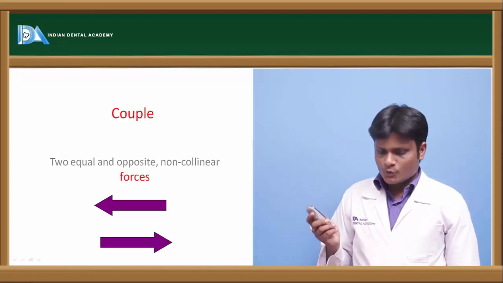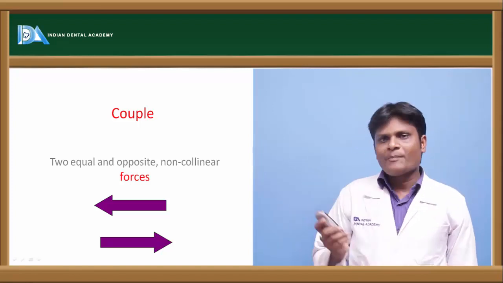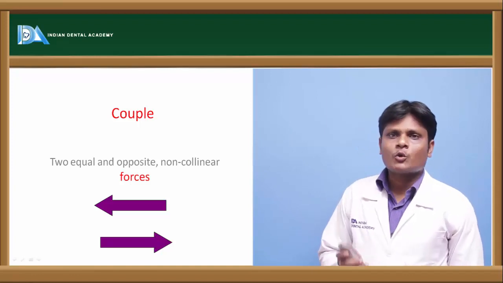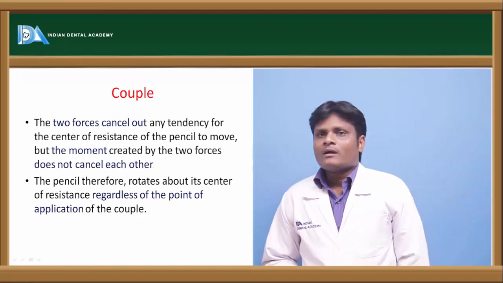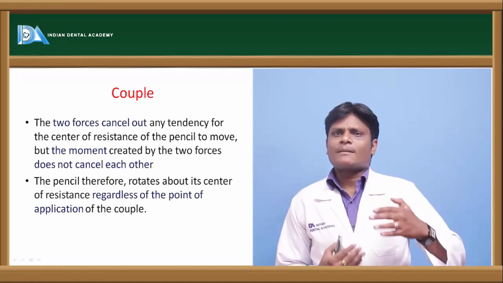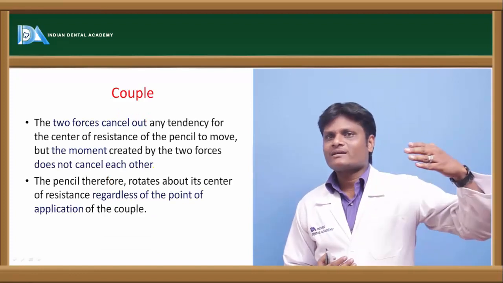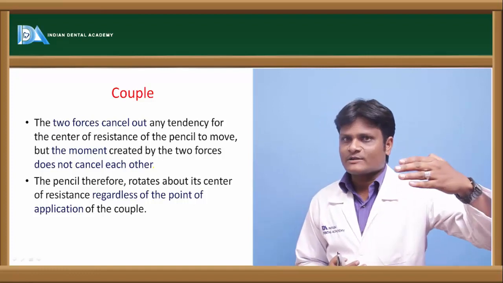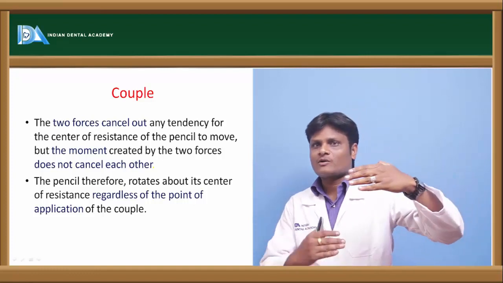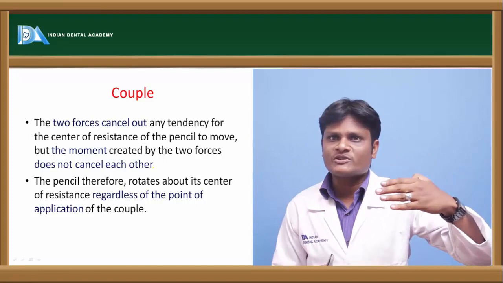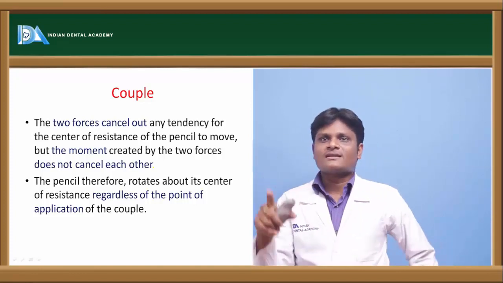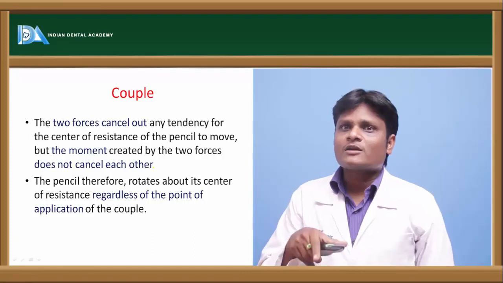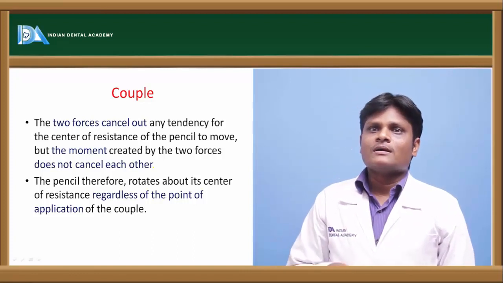So those are two opposite, equal, non-collinear forces. Now, when we apply this couple, one force acting on one side of the center of resistance and another force acting on the other side of the center of resistance in the opposite direction, this coupled force will create a rotational tendency with the center of rotation equal to the center of resistance.